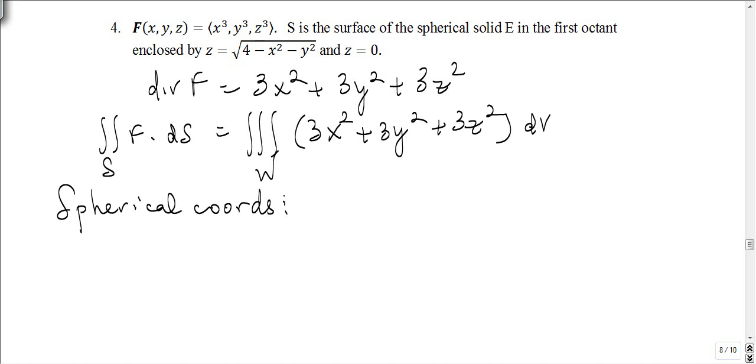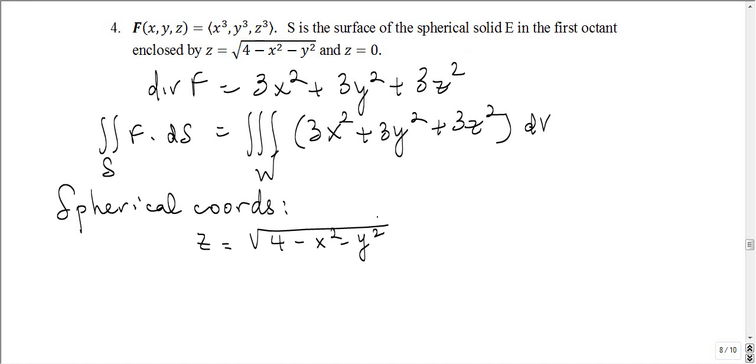Okay, we need to work out what rho is if you cannot see it. This is a sphere, but let's just see that it already is a sphere. z equals the square root of 4 minus x squared minus y squared. The only reason they wrote the sphere looking like that with that type of equation is because we're in the first octant.